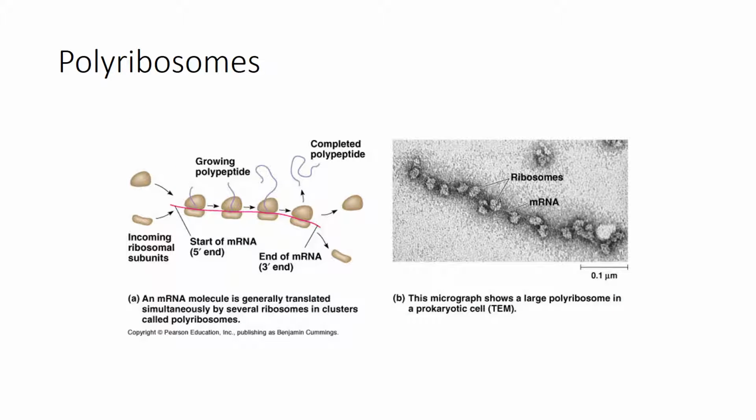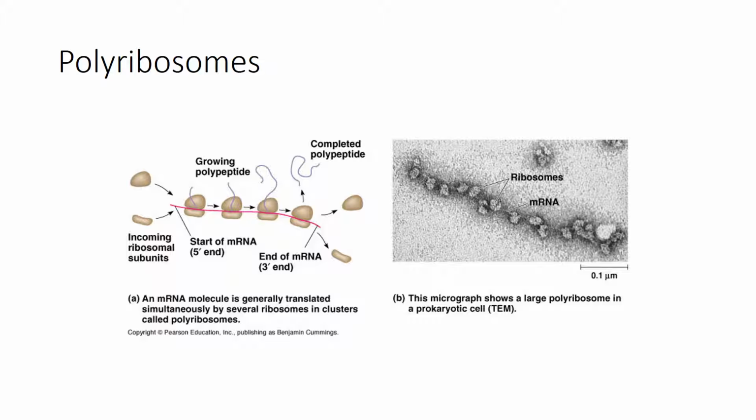Alright, polyribosomes. Like I said, the messenger RNA is a cheap dime store copy. It's recyclable. However, it can make multiple proteins, and it can do that because multiple ribosomes can bind to a single messenger RNA molecule. The proteins will continue to be made as long as that messenger RNA molecule is intact inside of the cytoplasm.